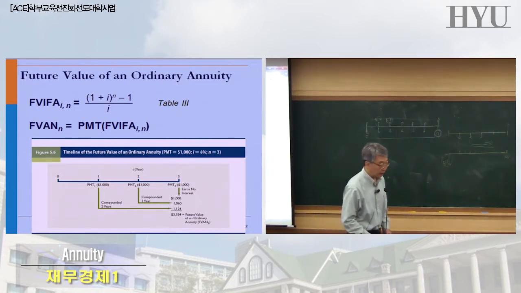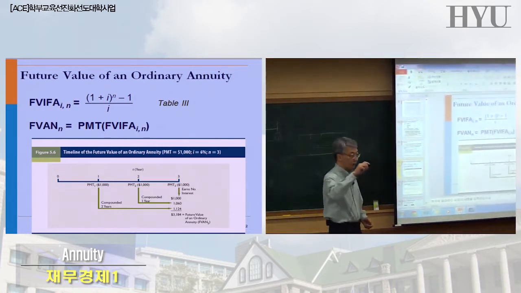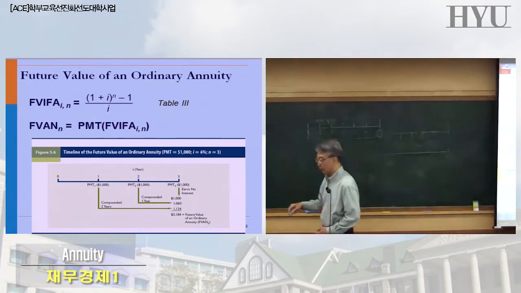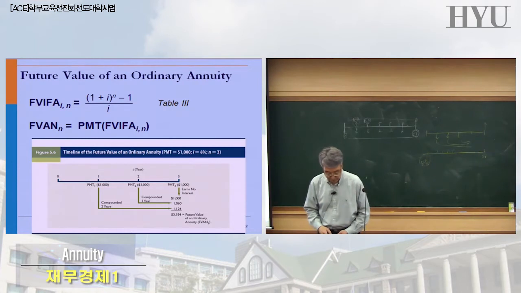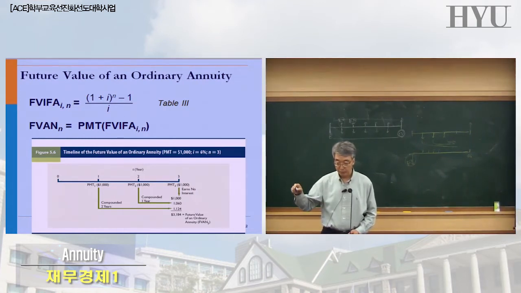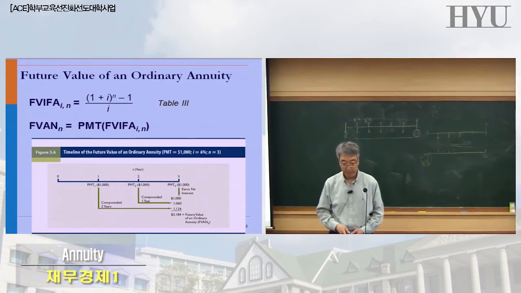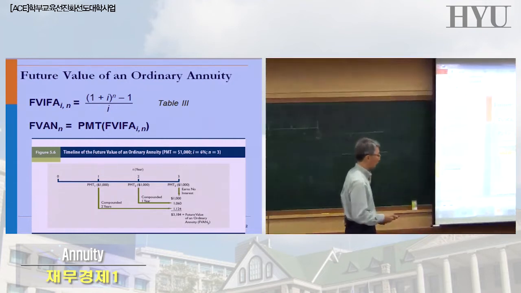It looks just like the FVIF or PVIF table. Across the table, they have listed all the interest rates. Down the first column, there are the number of periods. So if you look for 6%, 3 years, what number do you see? 3.184, right? That's exactly what we see here.